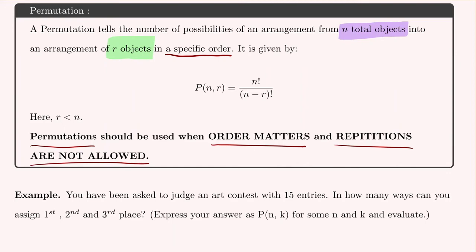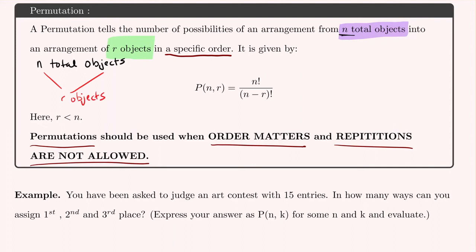When can you use permutations? When order matters and you can't repeat the objects. So in this formula, n is the total number of objects you start with. And then just like in our last example, we started with 5 friends, but only 3 were in the photograph. We chose a smaller amount to be in the photograph. We start with n objects, and then we reduce that and only have a smaller number of r objects that we're arranging. So n is the bigger number, r is the smaller number.